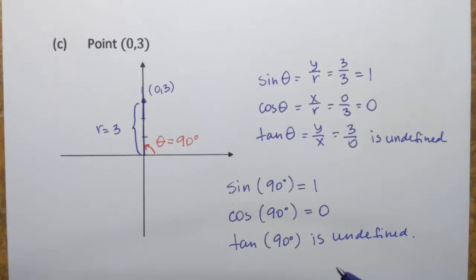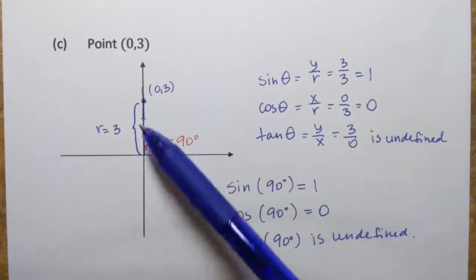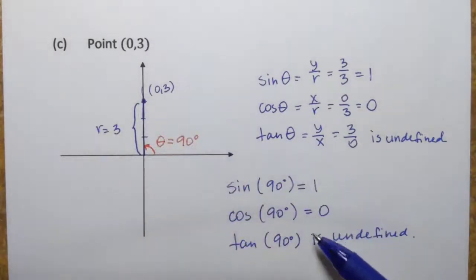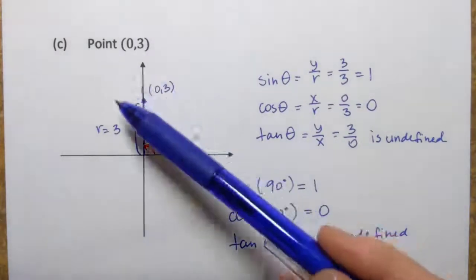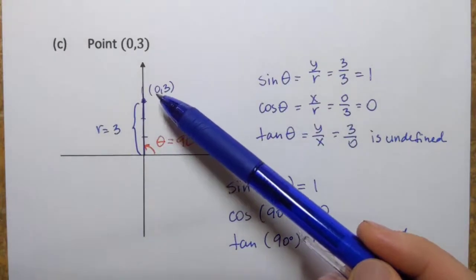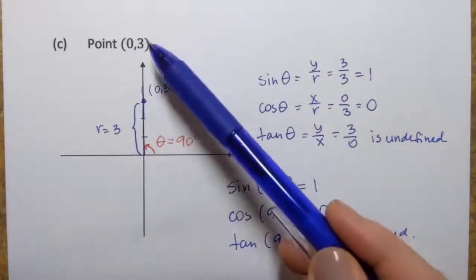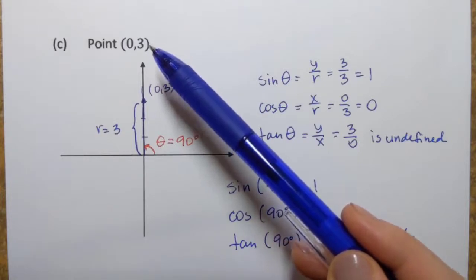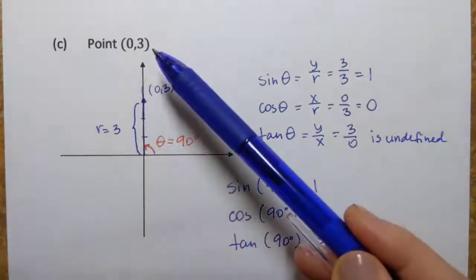Now, you may say, well, what if that point was different? Would we get the same answers? So let's think. If that point was, let's say, 0, 10, so it's way higher, it means that the radius is not 3 but 10.